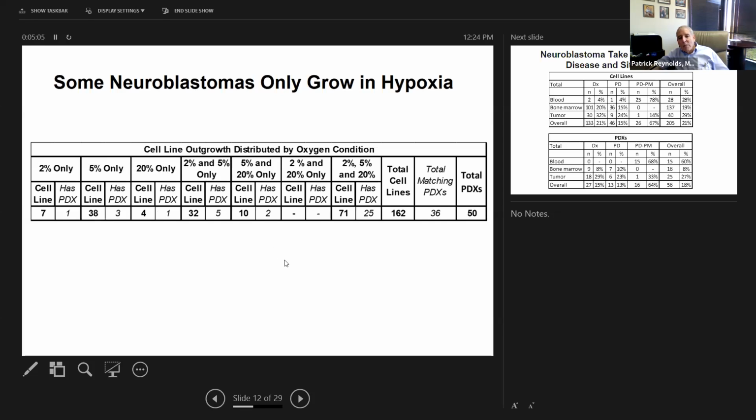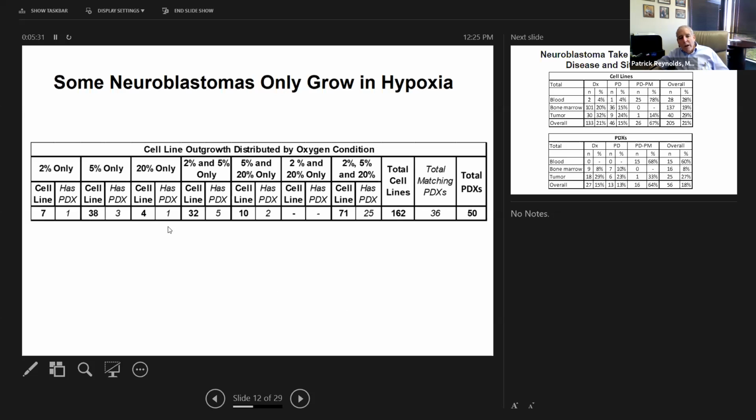So you're looking at about half of the cultures we got in neuroblastoma that would only grow out if we use some sort of hypoxia. They would not grow at all in the 20%. And some of these will grow in 5% and 20% only. Not surprising, there's none of them that grow in only 2% and 20%, because that's such a wide variation in oxygen concentration.